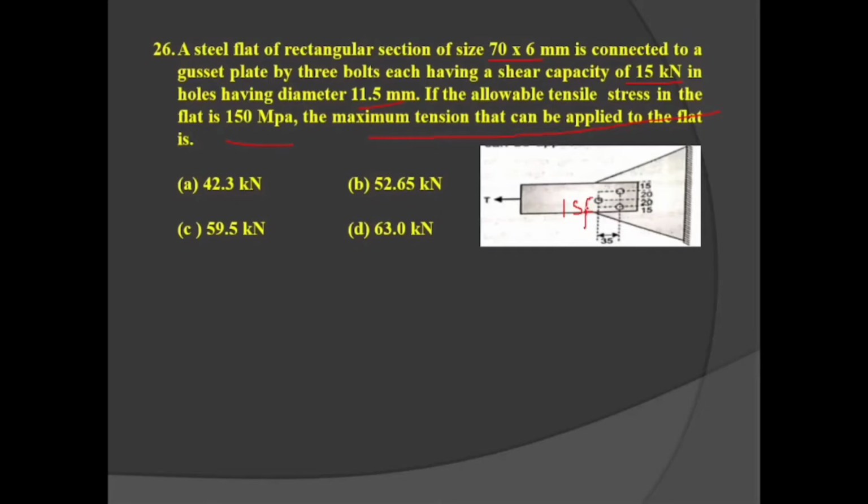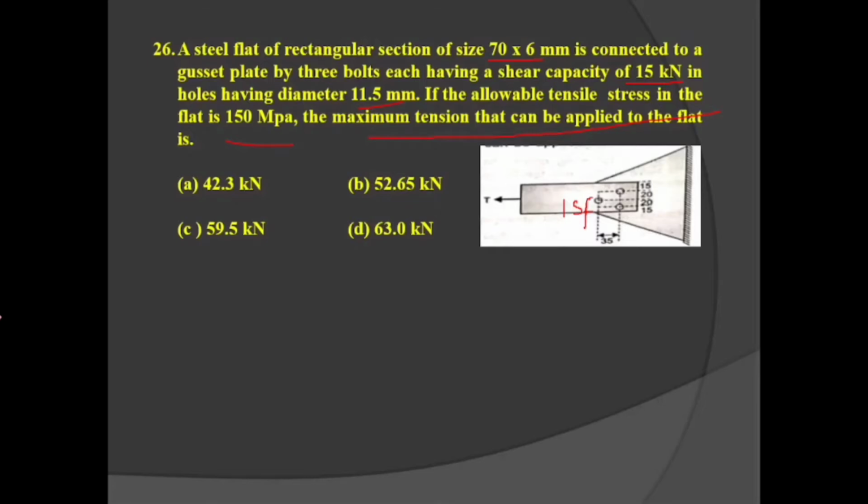Okay. So my dear students, it is a very simple problem. Initially we have to calculate the maximum tension. Here thickness is given as 6 mm, width 70 mm, nominal diameter 11.5 mm, and strength 150 megapascal.